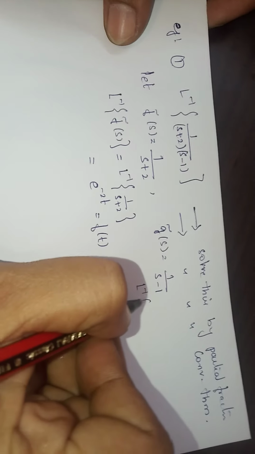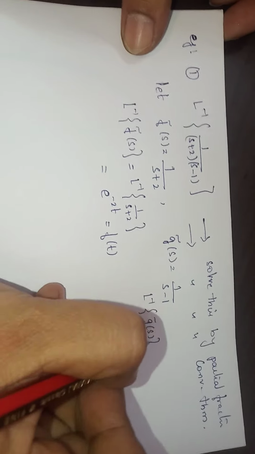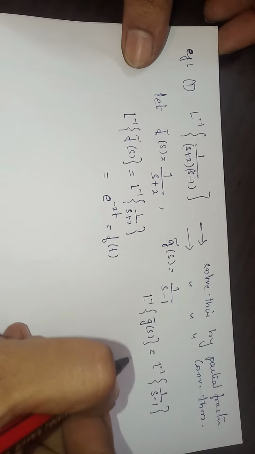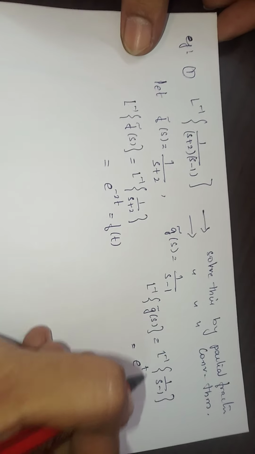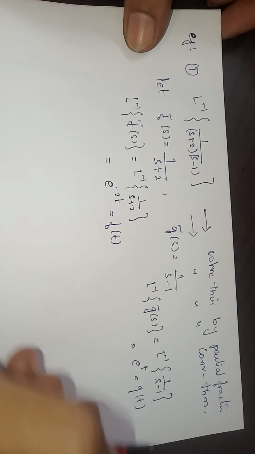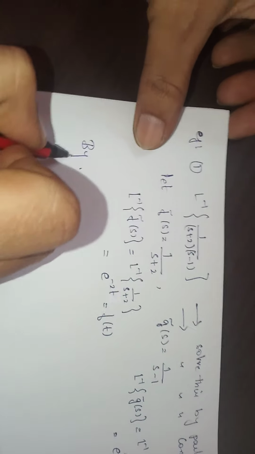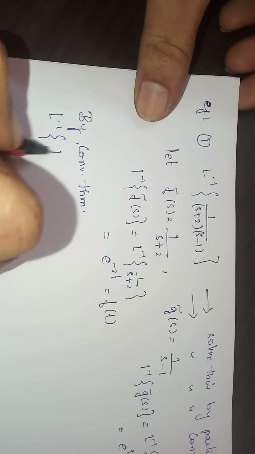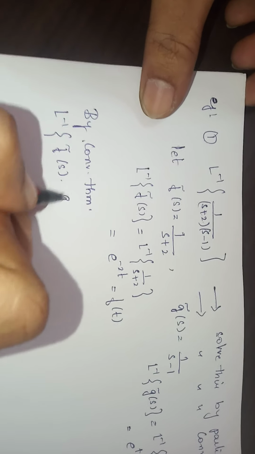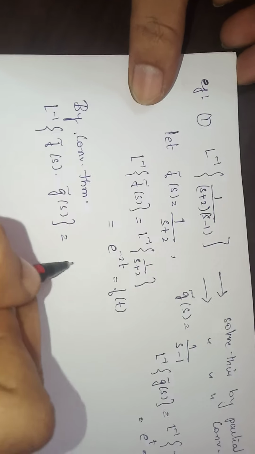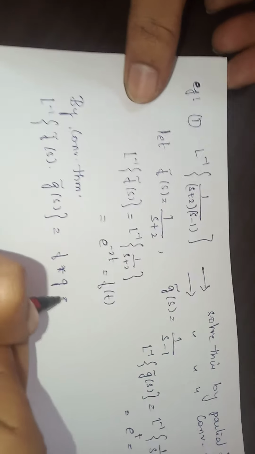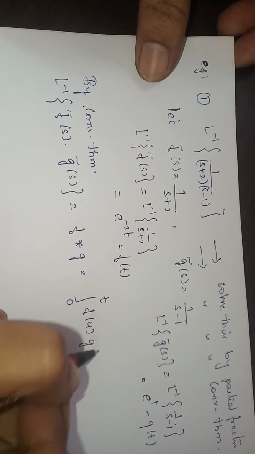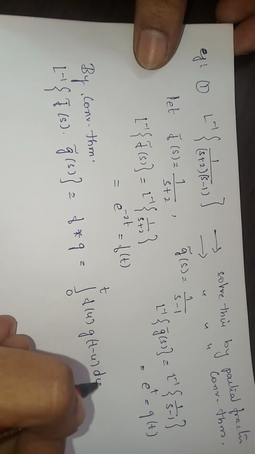Next, Laplace inverse of g bar of s is Laplace inverse of 1 by s minus 1, which is e to the power t. This is your g of t. Now these are the two functions. So by the convolution theorem, Laplace inverse of f bar of s into g bar of s is the convolution of the two functions, given by integral 0 to t f of u g of t minus u du.